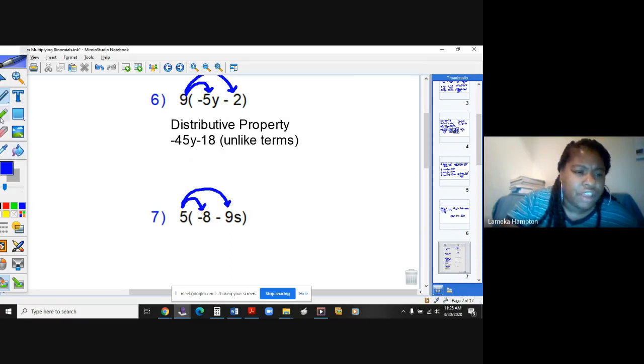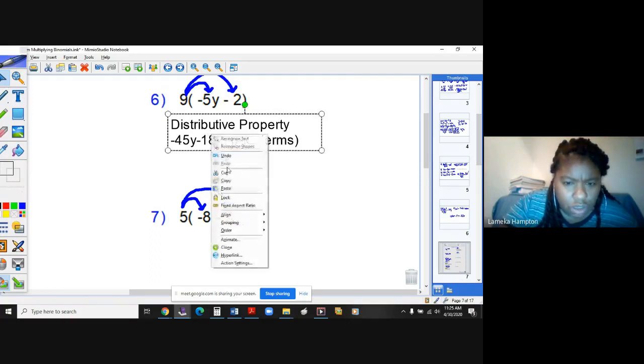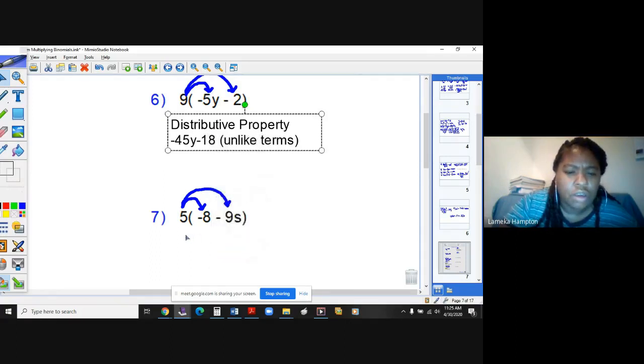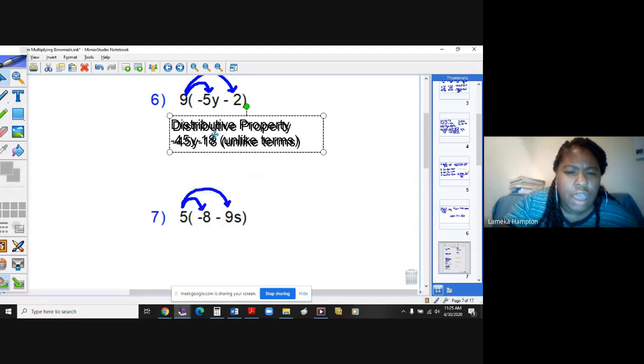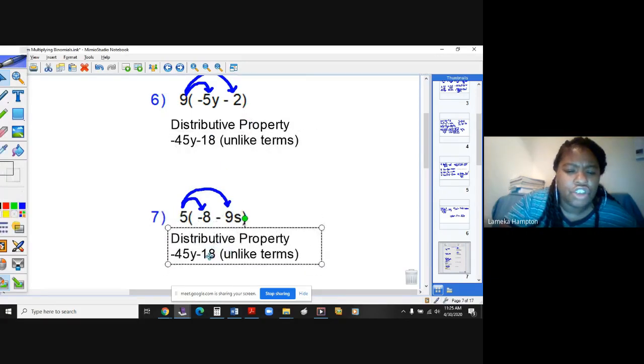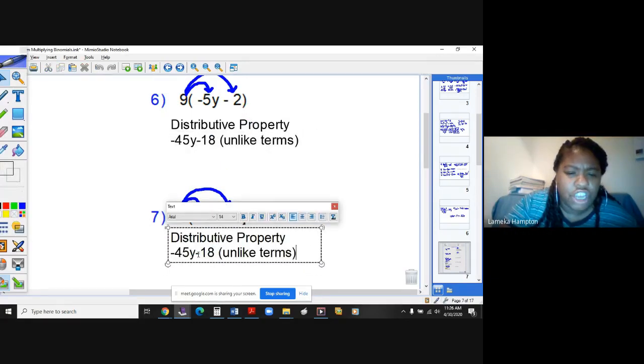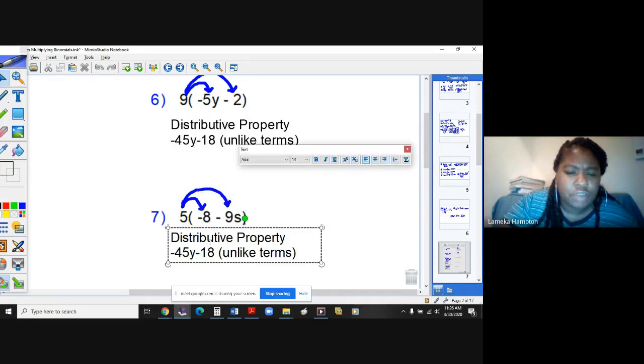And when I do that, let me do a copy. Okay, so we're just using distributive property, but I'm going to change these bottom numbers here.